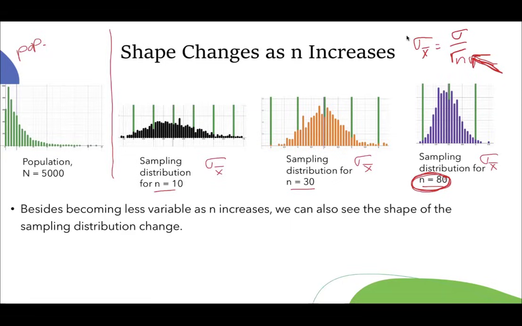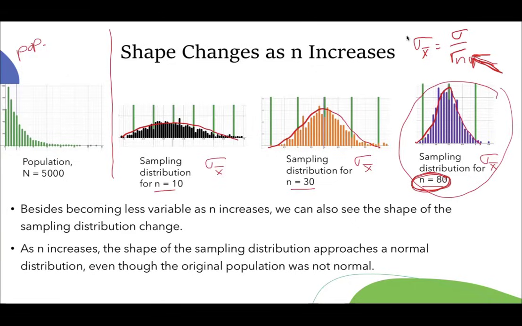That means the standard error decreases, the variability decreases. And that's what we get in the purple distribution. So the shape of the distribution also changes. In black, I kind of see something starting to be like a bell. In orange, yes, it looks pretty close to a bell. And in purple, it's definitely a bell.